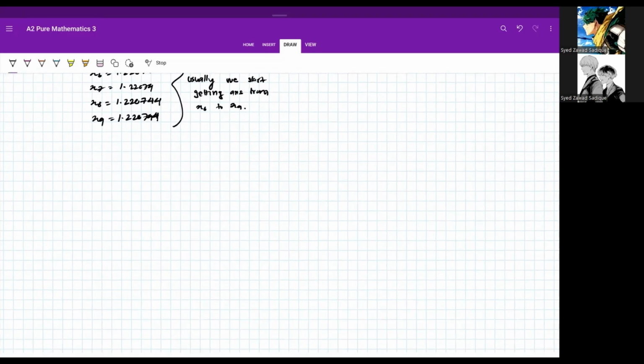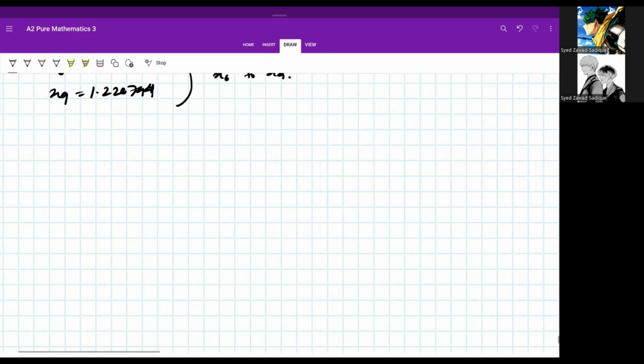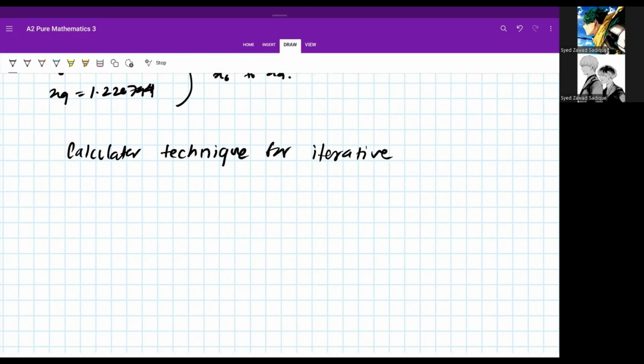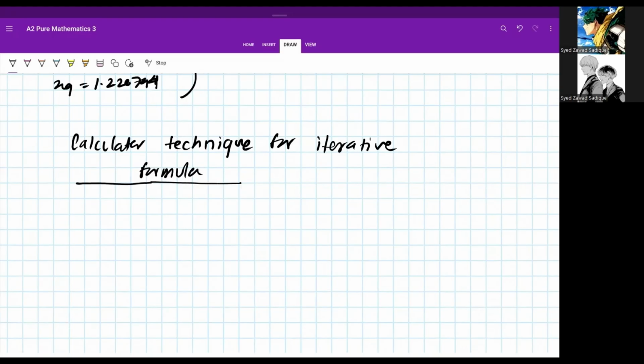Calculator technique for iterative formula.